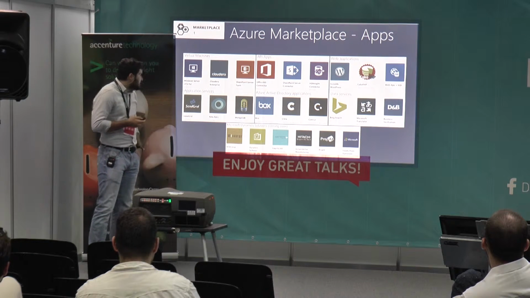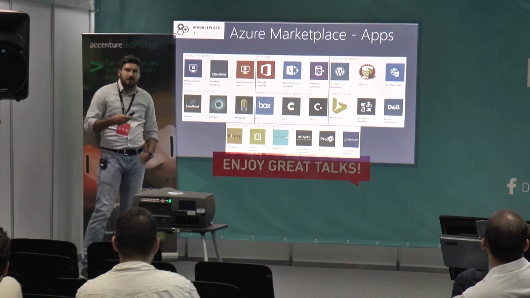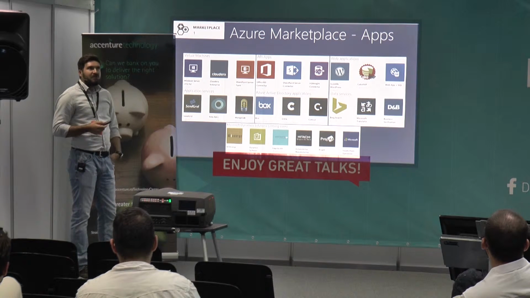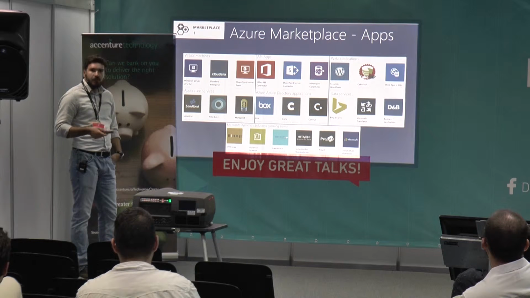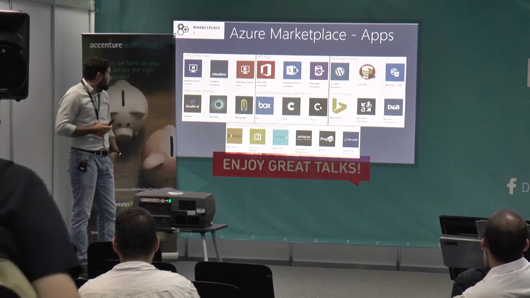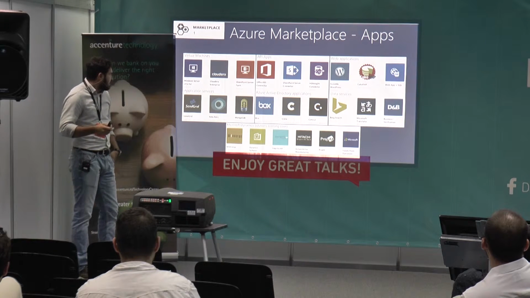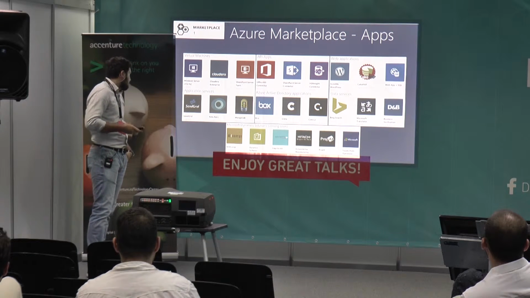We have a virtual machine, not only Windows, but also Linux and a couple of variations. We have virtual machines that have software pre-installed. You could deploy that, or you could create your own templates to have a complete and maybe complex environment that you could roll out multiple times.